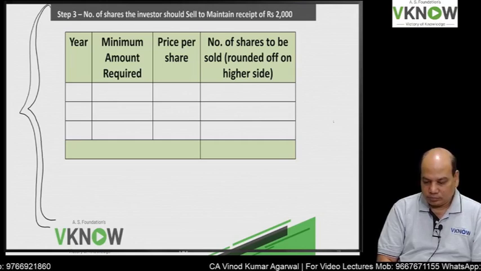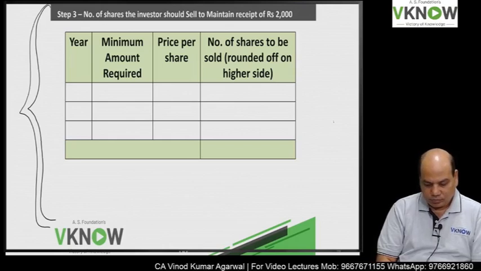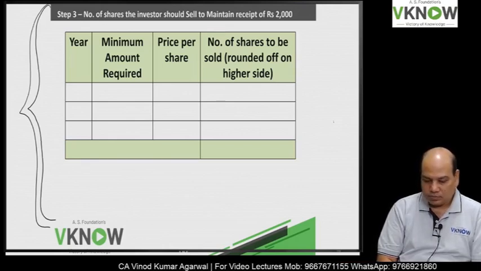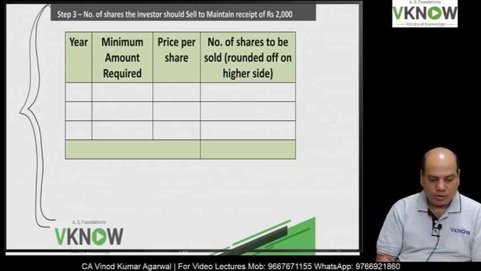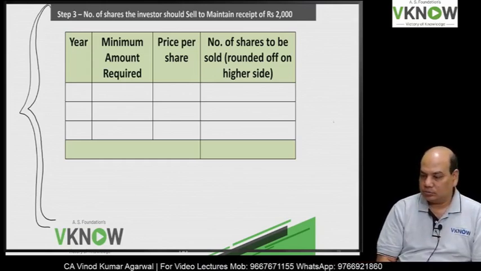Year, minimum amount required, price per share, last column number of shares to be sold.